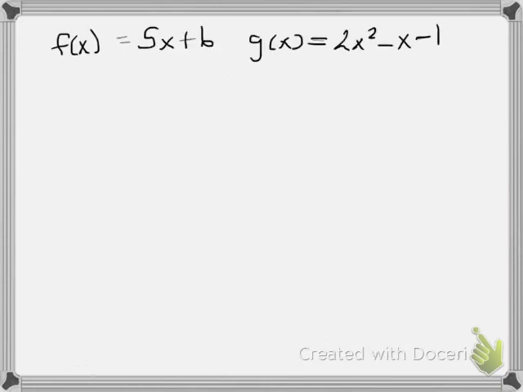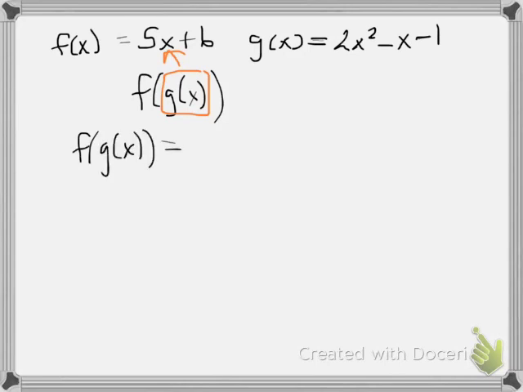All right, let's do it the other way. Let's do f of g of x. All right, so what does this mean? This means that everywhere I see an x in the f function, I'm going to write g of x. And so for f of g of x, I'm going to get 5 times something, all right, and for that something, I want to write g of x, plus 6.